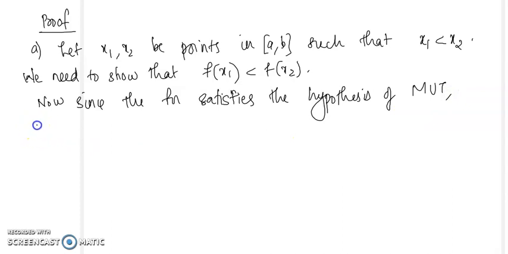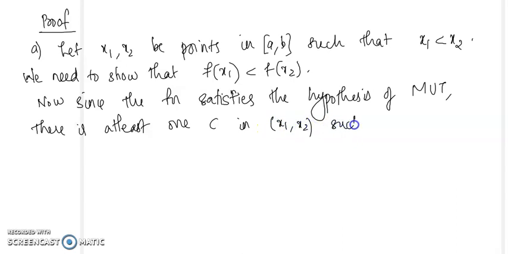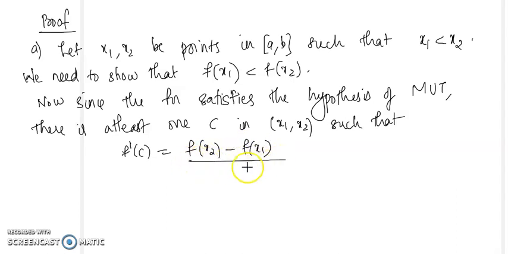So there is at least one C in the open interval x1, x2 such that f dash of C is equal to f of x2 minus f of x1 by x2 minus x1.